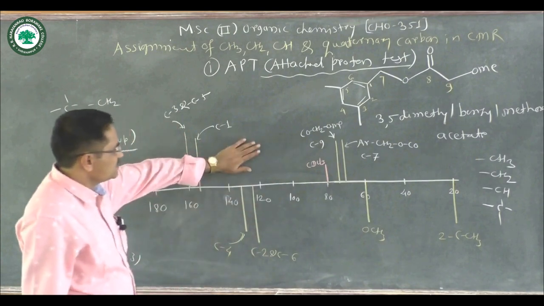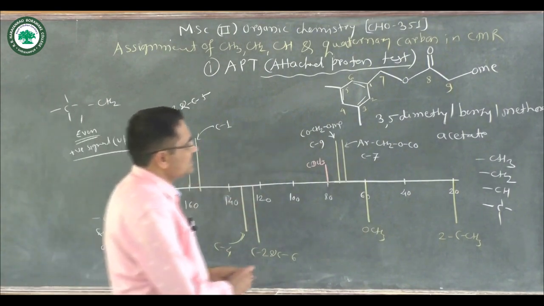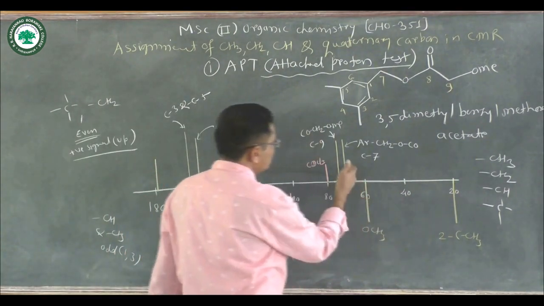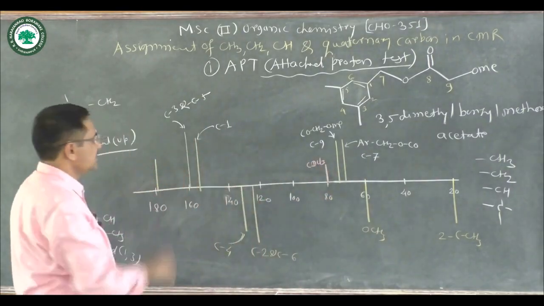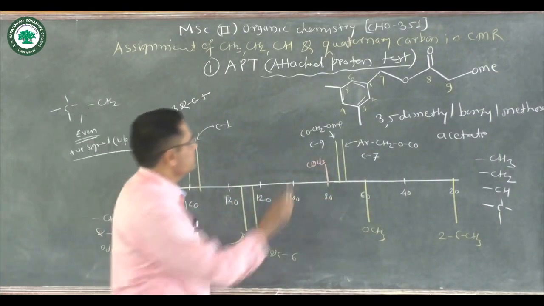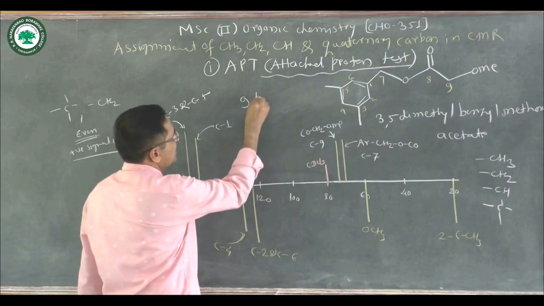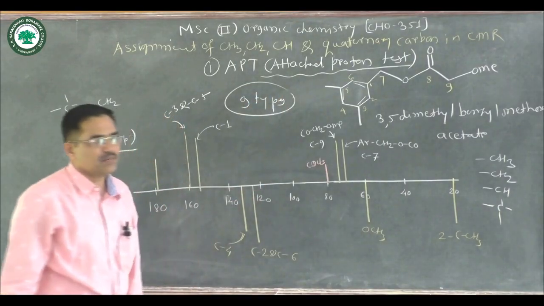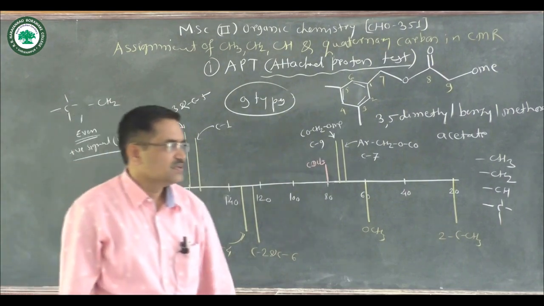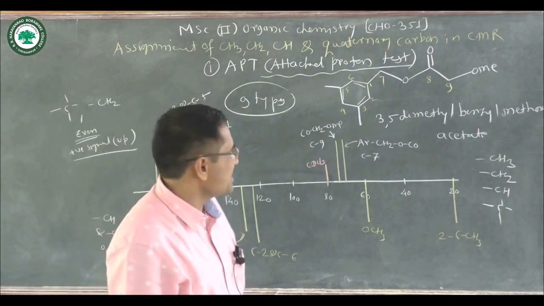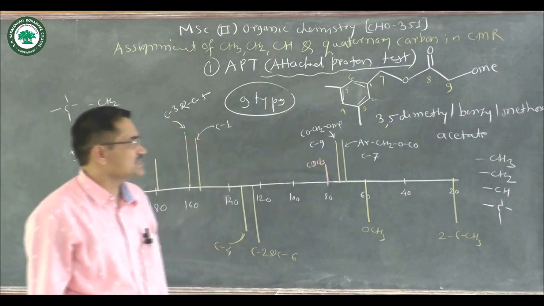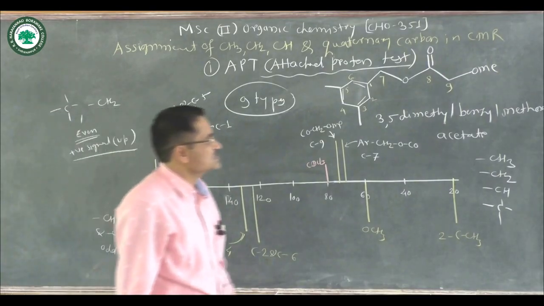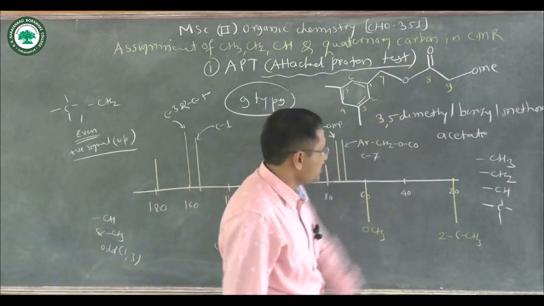Now we will see here. In this case, there are a total of 9 types of carbon, on the basis of sp3 hybridized carbon atoms, sp2 hybridized carbon atoms, or in some cases carbonyl carbon.